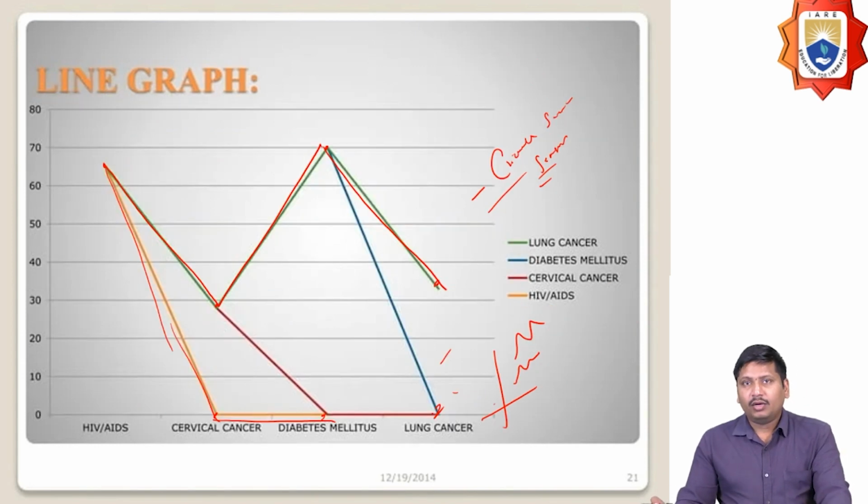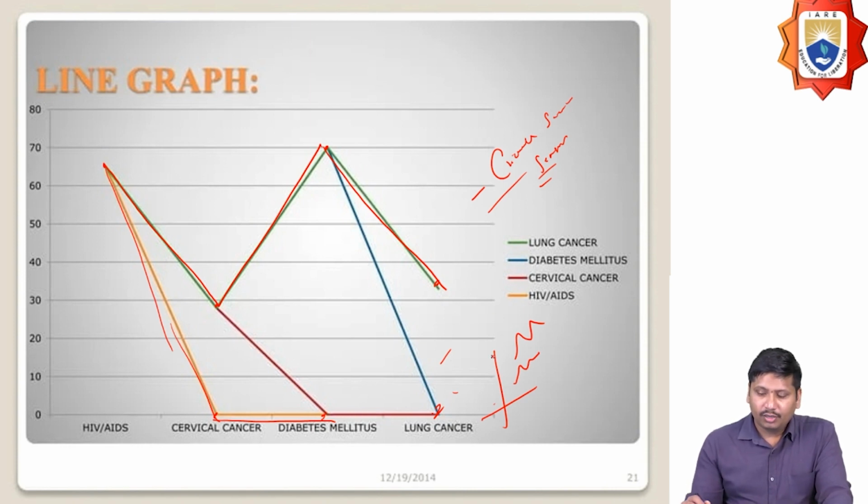Similarly, I can have another kind of graph, which we call a line graph. In a line graph, the dots are joined with a line. Based on the data I can have different options, but you have to decide which kind of graph is suitable for visualizing the data and present it.